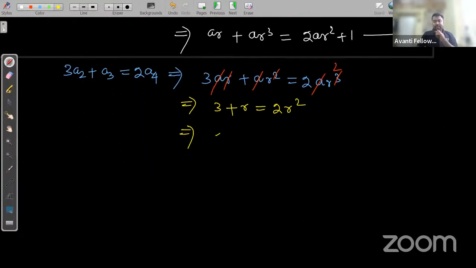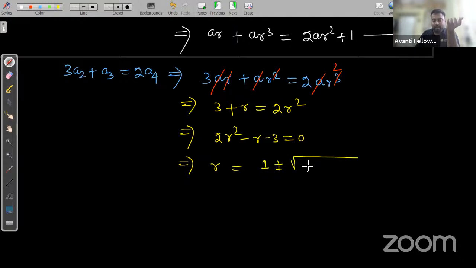So we are getting a quadratic equation, that is 2R square minus R minus 3 is equal to 0. By solving this, R is equal to minus B, that is minus of minus 1, which is 1, plus or minus the square root of B square, that is 1 square, minus 4 into 2 into minus 3, upon 2 into 2.